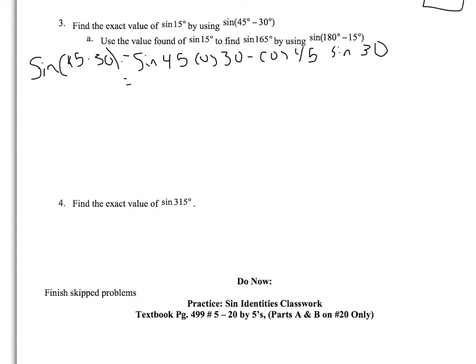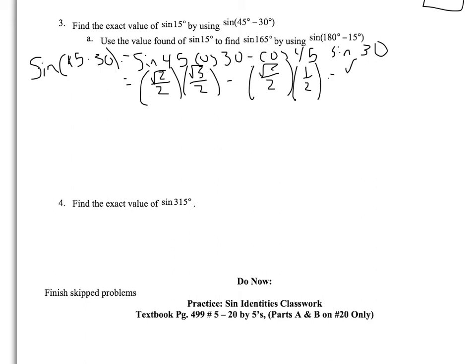Sine 45 is equal to radical 2/2. Cos 30 is radical 3/2. Cos 45 is radical 2/2. Sine 30 is 1/2.